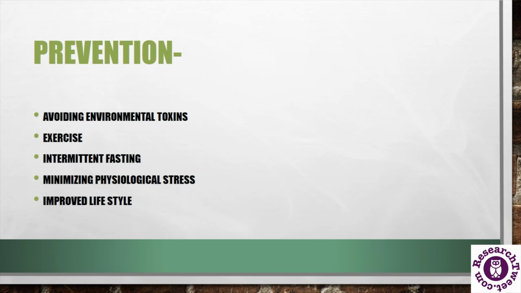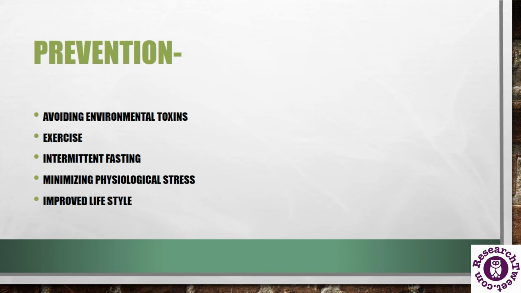Another prevention method is exercise, which includes both endurance exercises and resistance or strength exercises. Some exercises, including walking, running, dancing, cycling, or some sit-ups and arm curls, are used to prevent mitochondrial dysfunctioning.